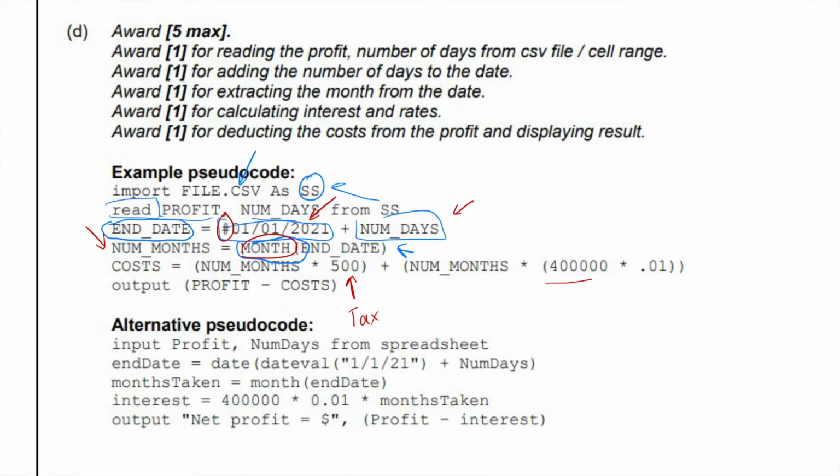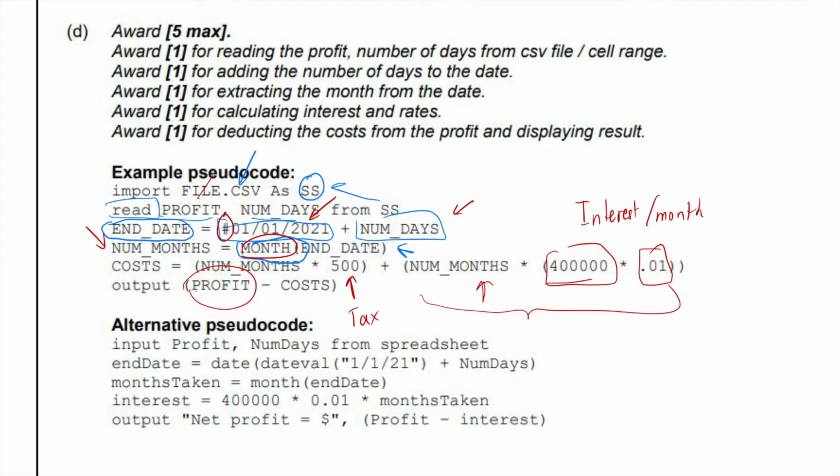Okay, so we're basically taking 400,000 and multiplying it by 0.01. And that's going to tell us the amount of interest we have for a given month. So interest per month. And we're going to multiply that by the number of months. So this part right here, we already have our tax for all of the months. And then we have our interest for all of the months right here. And then we're just going to subtract that from the profit, which is something else we got from our spreadsheet as well.